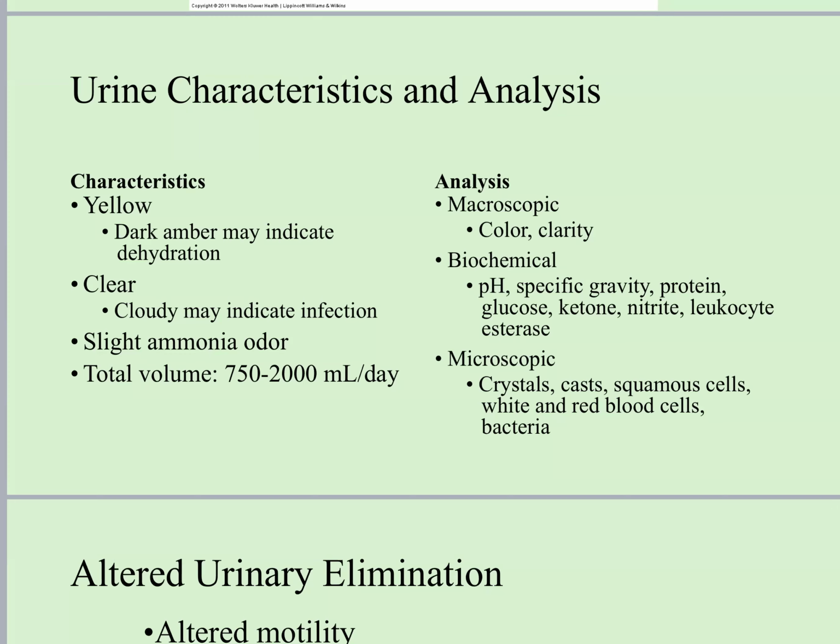We probably don't want ketones either, because remember, those are associated with fat breakdown, which is excreted as ketones. And then on a microscopic level, we look at crystals, casts, squamous cells, white and red blood cells, and bacteria. So we don't want those things in the urine.